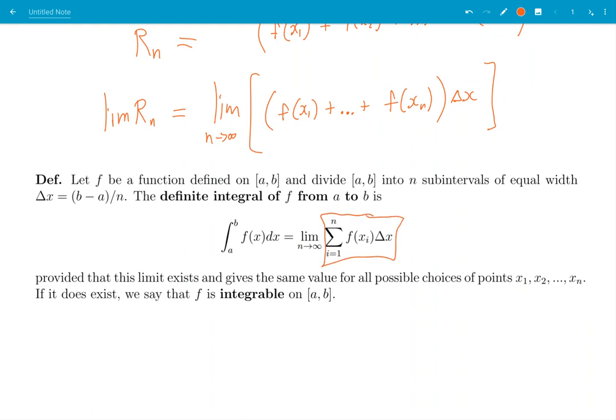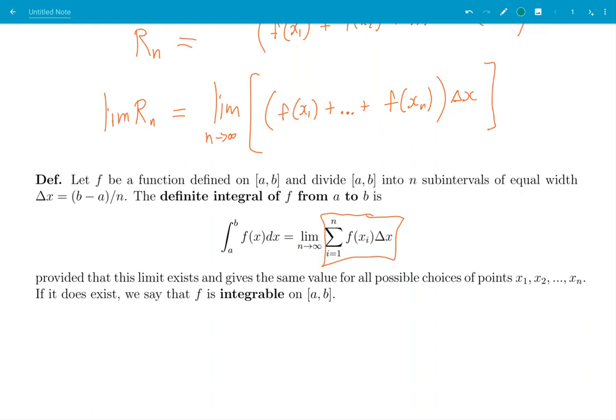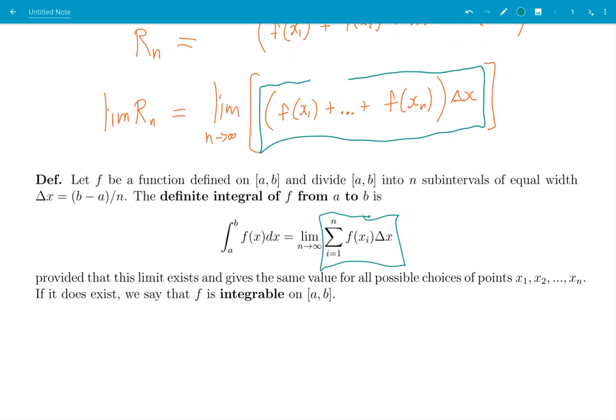You see how this in green here is the same as this in green here. They've used the summation notation to summarize this.